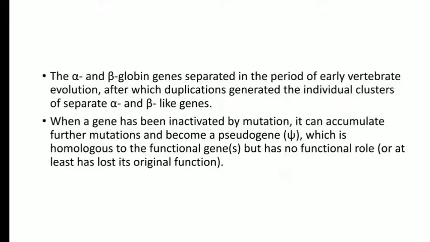The alpha and beta globin genes separated in the period of early vertebrate evolution, after which duplication generated individual clusters of separate alpha-like and beta-like genes. When a gene has been inactivated by mutation, it accumulates further mutations and becomes a pseudogene, which means a non-functional gene that is homologous to a functional gene but has no functional role.